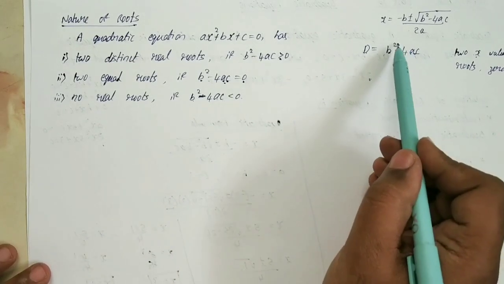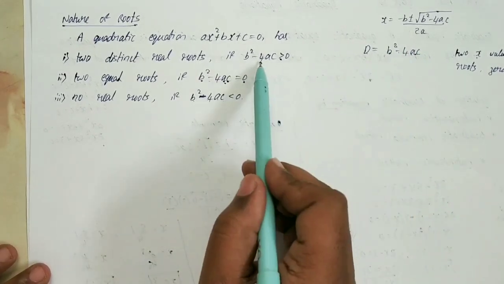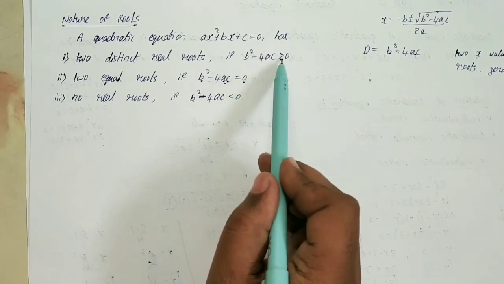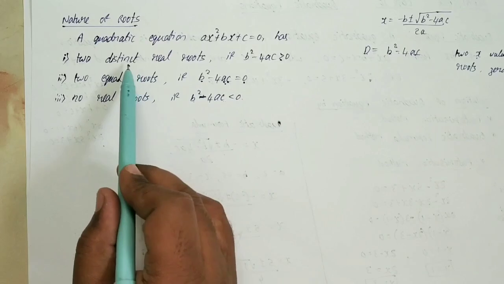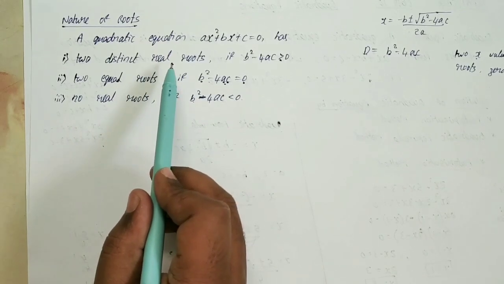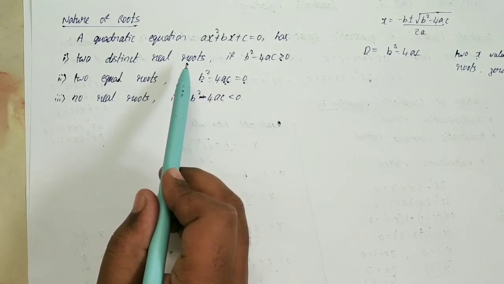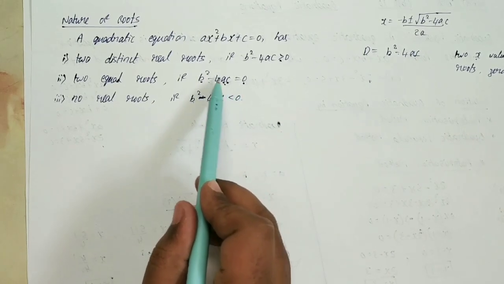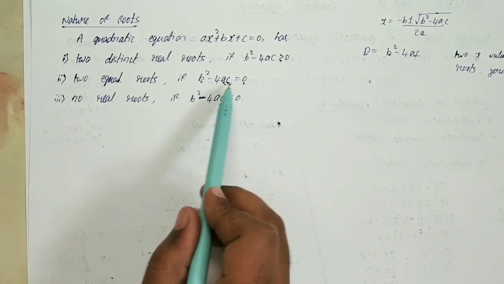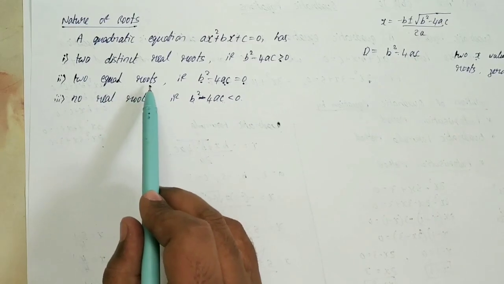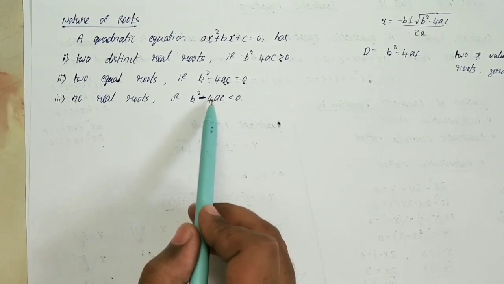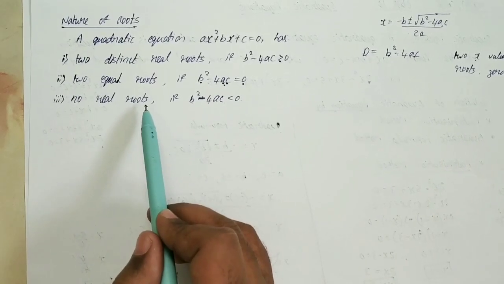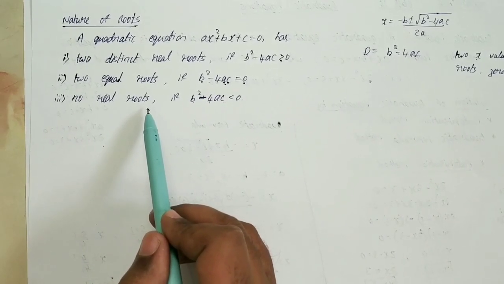So if the discriminant is greater than 0, we get two x values, and those two x values will be different. If the discriminant is equal to 0, the two x values will be the same. If b square minus 4ac is less than 0, then we don't have any roots for that question.